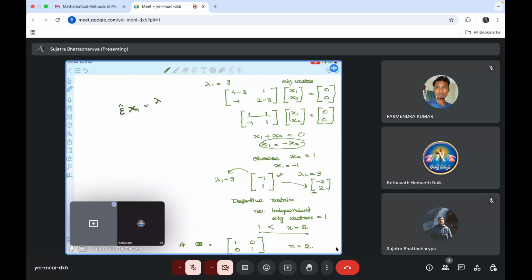Say x1 is that energy level, x2 is another energy level, x3 is another, and so on. This will give you lambda 1 times the same x1. That means this energy operator operating on this energy level gives you the magnitude of the energy as lambda 1 with the same eigenstate. Okay, this eigenstate can be energy, can be anything else also.